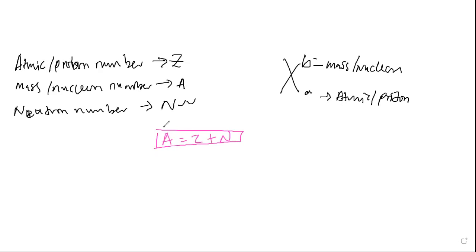This means that for us to get the mass number, we have to add the number of protons plus the number of neutrons. So this is a relationship. We say the mass number is equivalent to the summation of the proton and the neutron number. So now let's quickly look at aluminium.